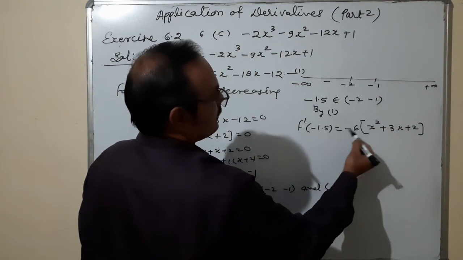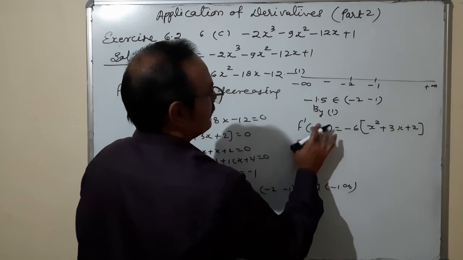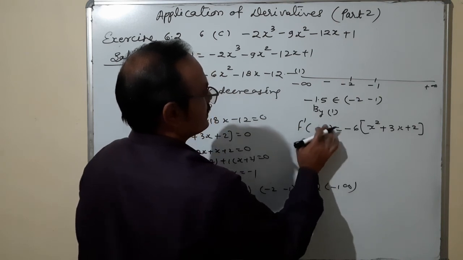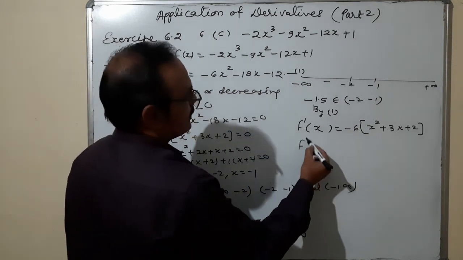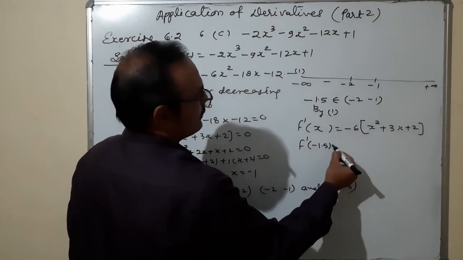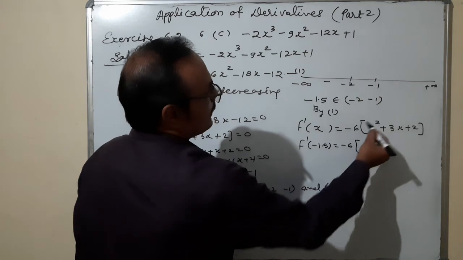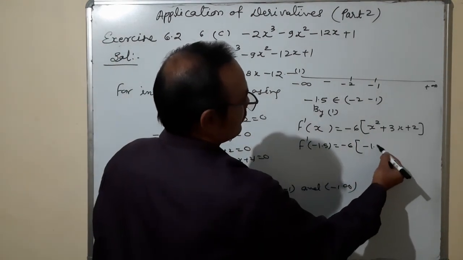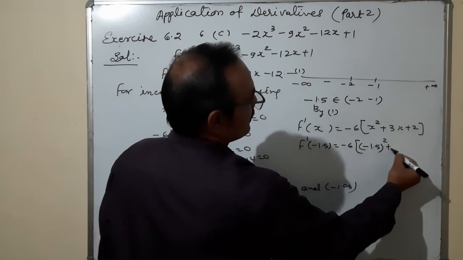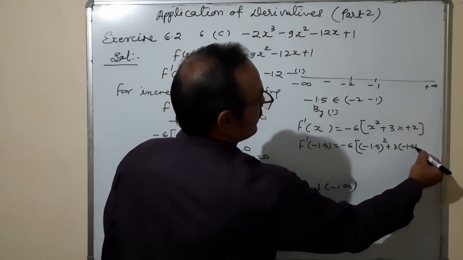And this is f dash x. Now I want to put in place of x minus 1.5. So f dash minus 1.5 is equal to minus 6 into minus 1.5 whole square plus 3 into minus 1.5 plus 2.